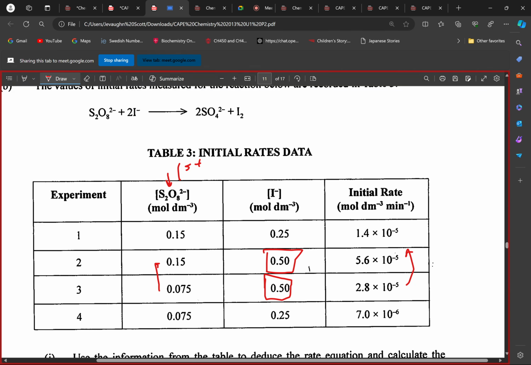Any questions? Okay, everything is fine. Lovely. So with the iodide ion, let's look at that now. Which two experiments are we using to find the order for iodide? Go ahead.